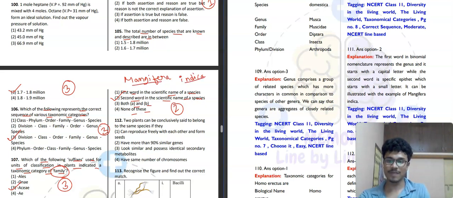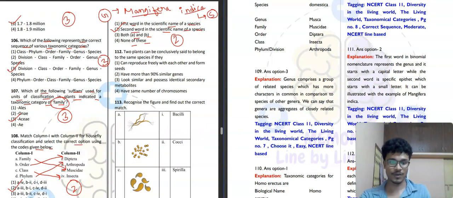Mangifera is the genus and indica is the specific epithet or species name. The second word in a scientific name is the specific epithet. So the second option will be your correct answer for this question.